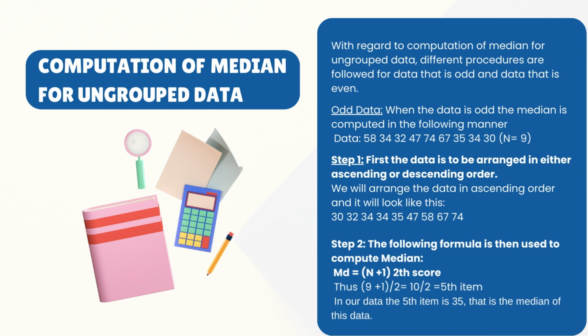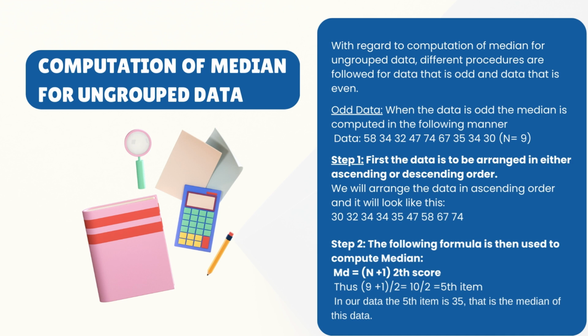So, the 5th term, whether from the right side, left side, top or bottom, would be the median. Let us go with the data set and see which one is the 5th position. If we start counting from the left side in ascending order, we have 30, 32, 34, 34, then 35.